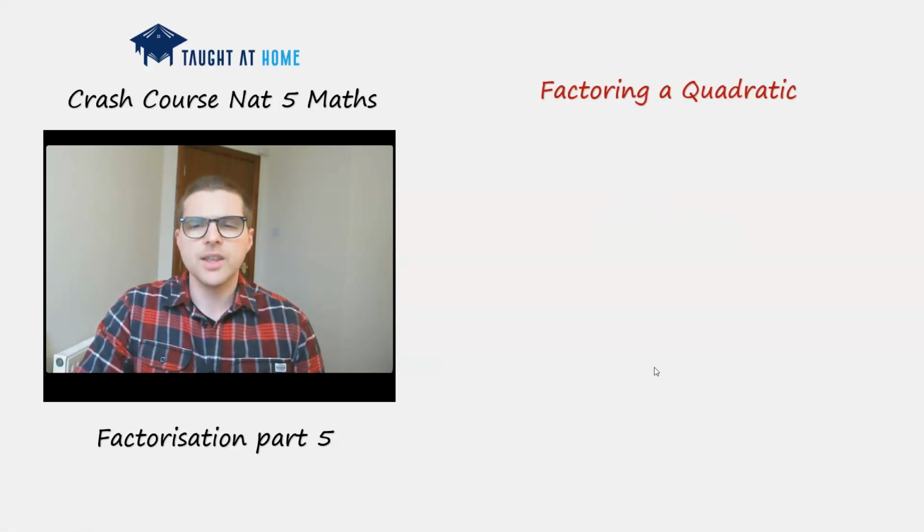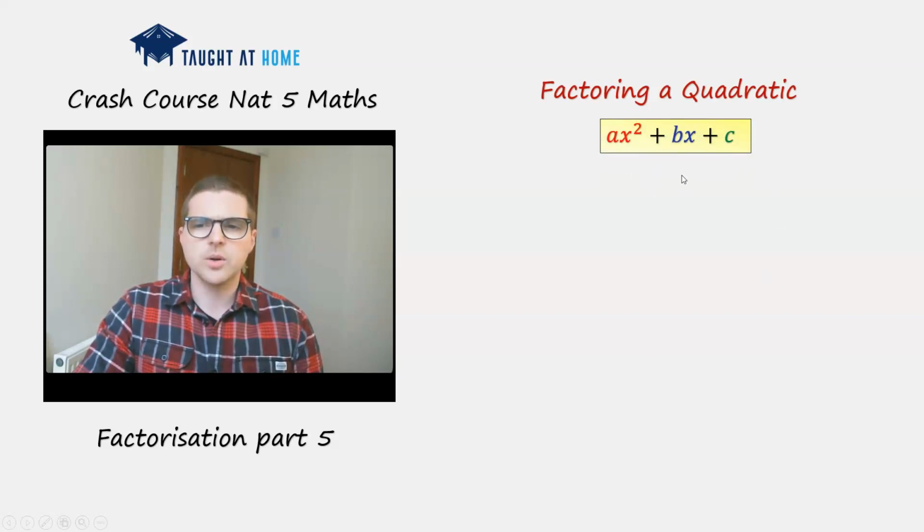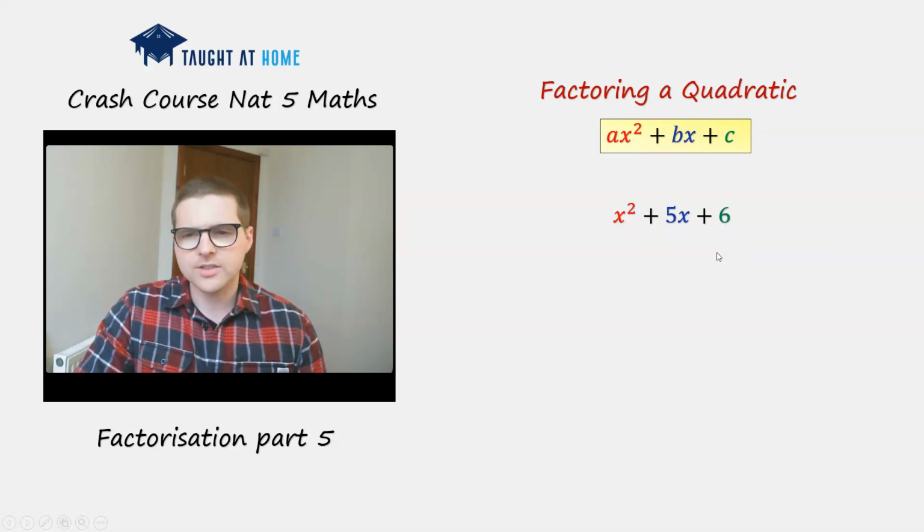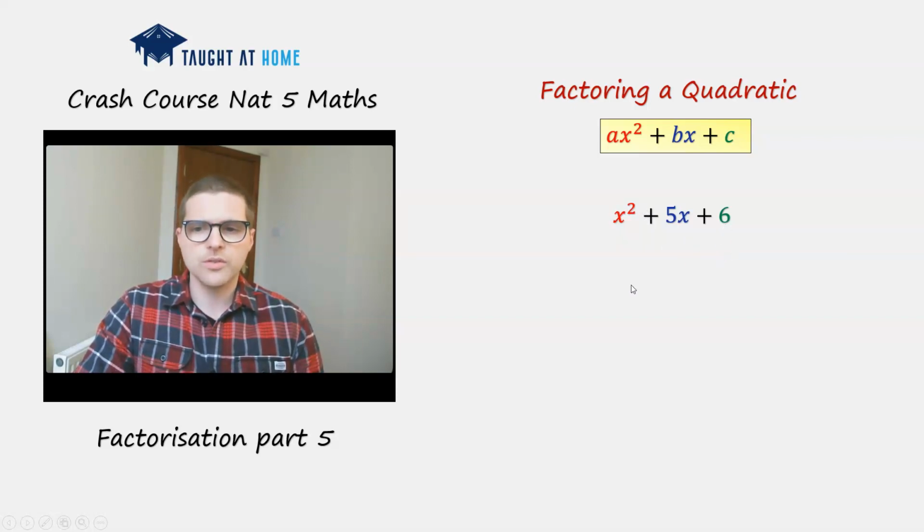Okay, so let's have a look at factorising a quadratic. Now first of all, I'll just put this up here so we remember the form, ax squared plus bx plus c. Now we have x squared plus 5x plus 6. Well, before we move to factorise it, it's good to know that we have 1x squared.